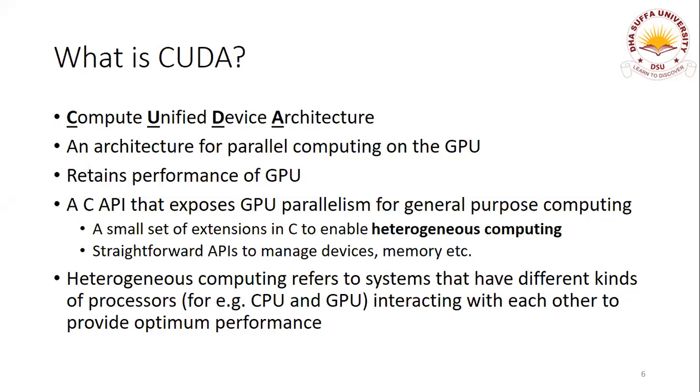So basically, what is CUDA? The full form of CUDA is Compute Unified Device Architecture. So what does this mean basically? In your conventional workstation, you just have a central processing unit. You have a single processor, that is your CPU.